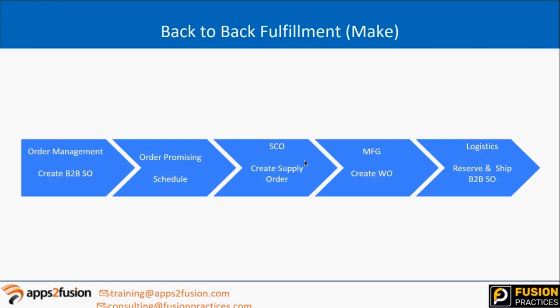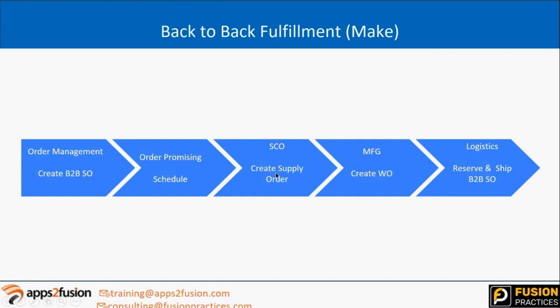Like we all know, in a back-to-back order, the origination is from a customer demand. A customer demand comes in from a sales order. So the customer enters a sales order that gets into global order promising, called GOP. GOP does the scheduling. It sees that it is a back-to-back order and we need to create supply for this particular demand. It sends the request to SCO.